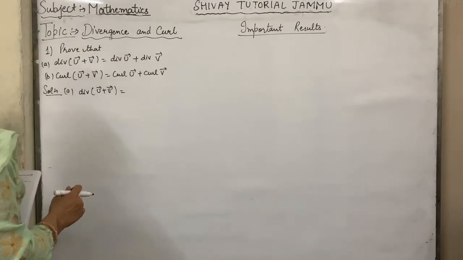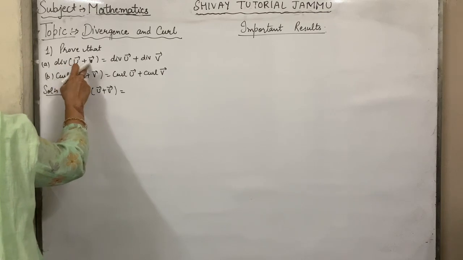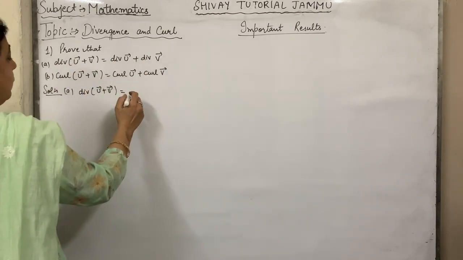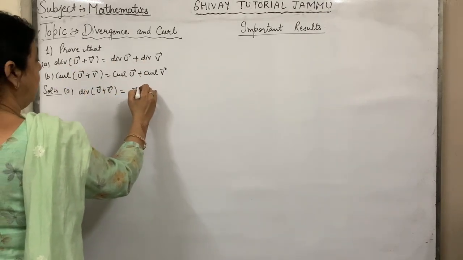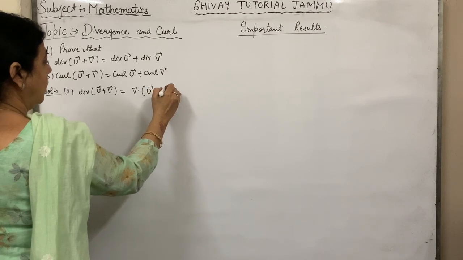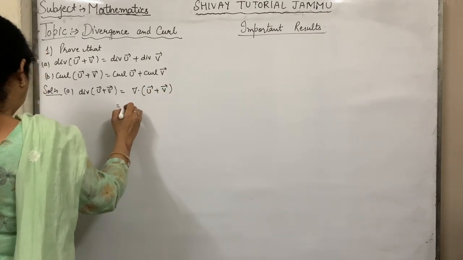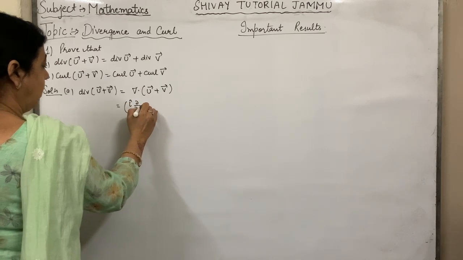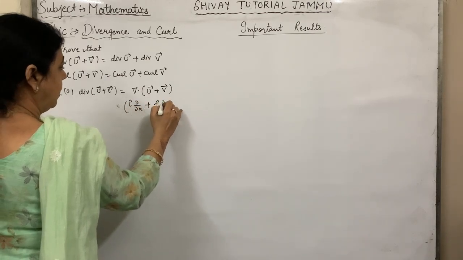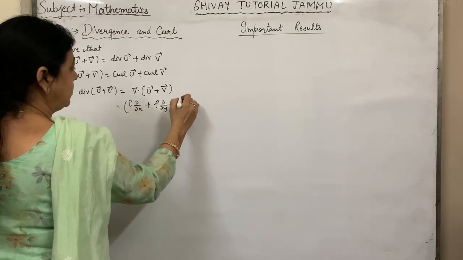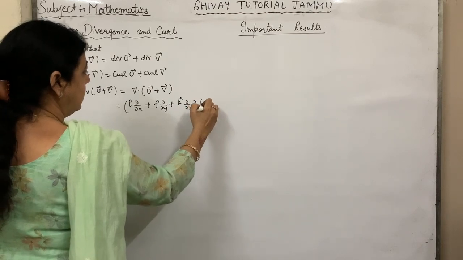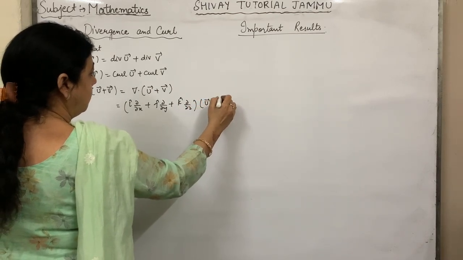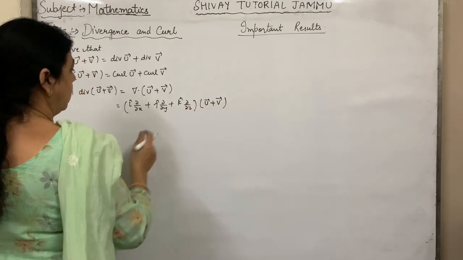Okay. Next, we have to prove that div of (u plus v) is div of u plus div of v. What is div? That is del dot (u vector plus v vector). What is del? Del is i vector ∂/∂x plus j vector ∂/∂y plus k vector ∂/∂z, of u vector plus v vector. Clear?